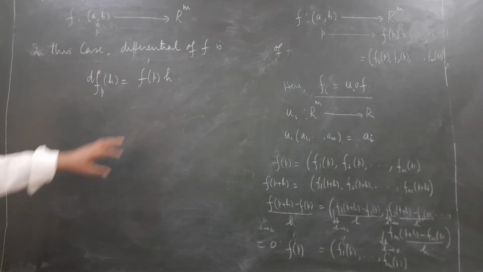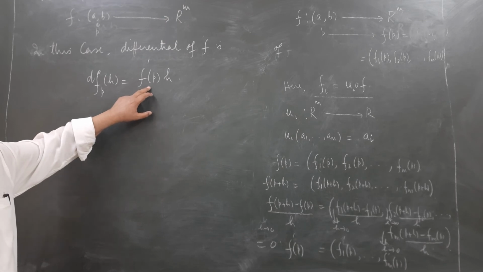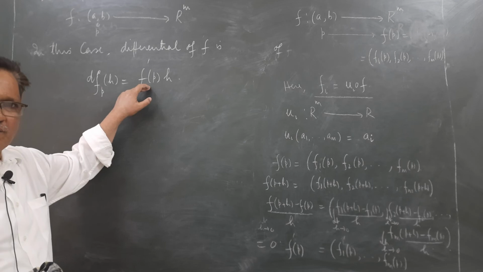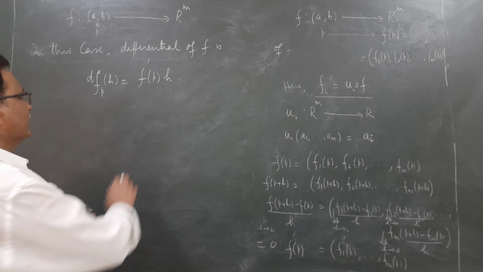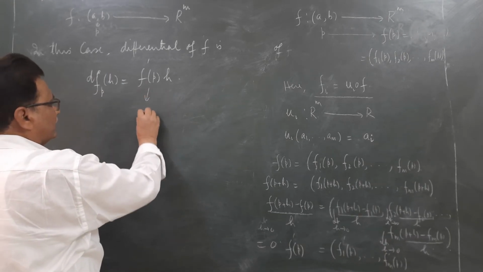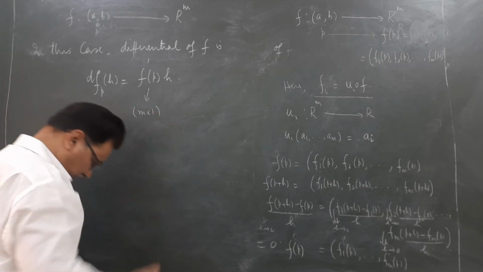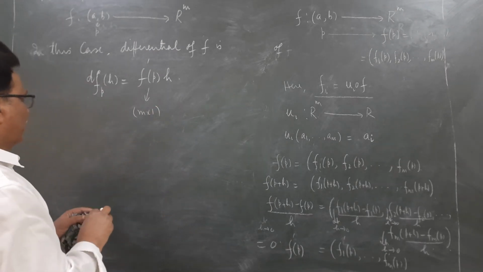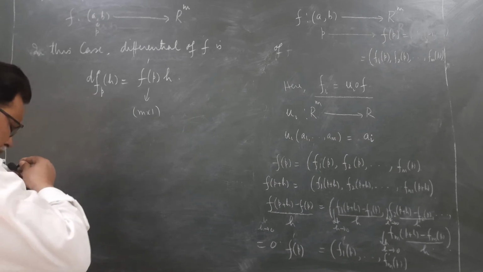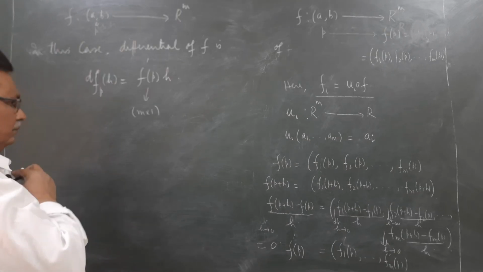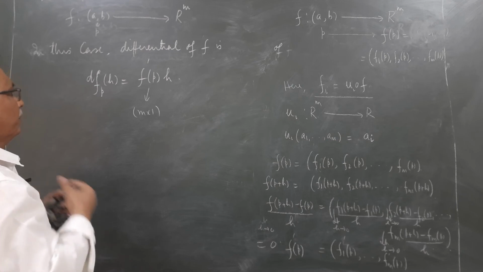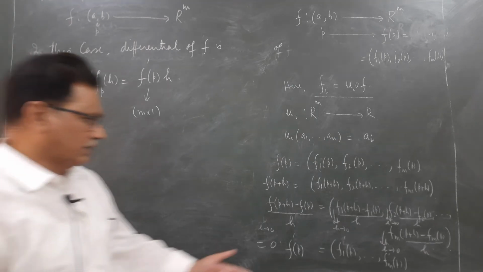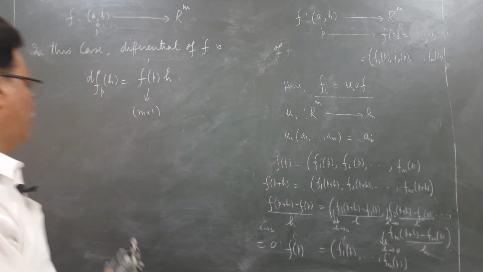Now this quantity f dash p is no more a scalar, it is a vector, and a vector can be considered as a matrix also. So you can consider this as an m by 1 matrix, whose components I have already written down over here.